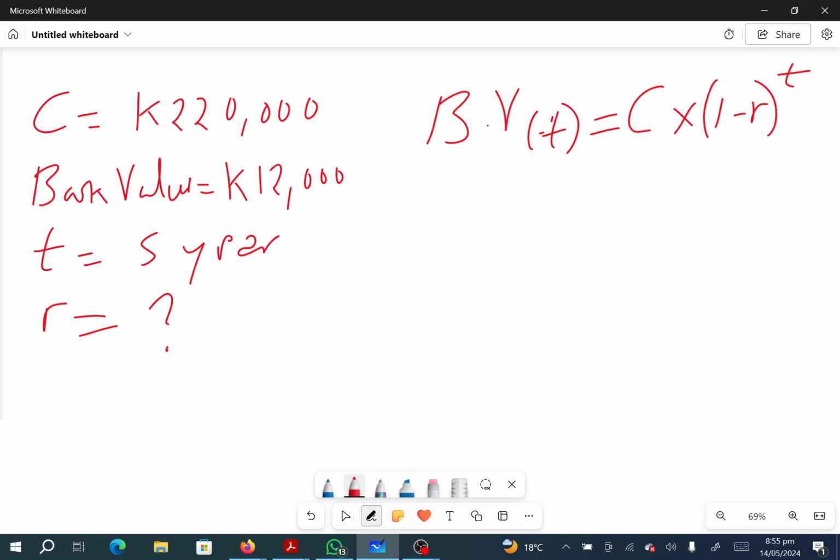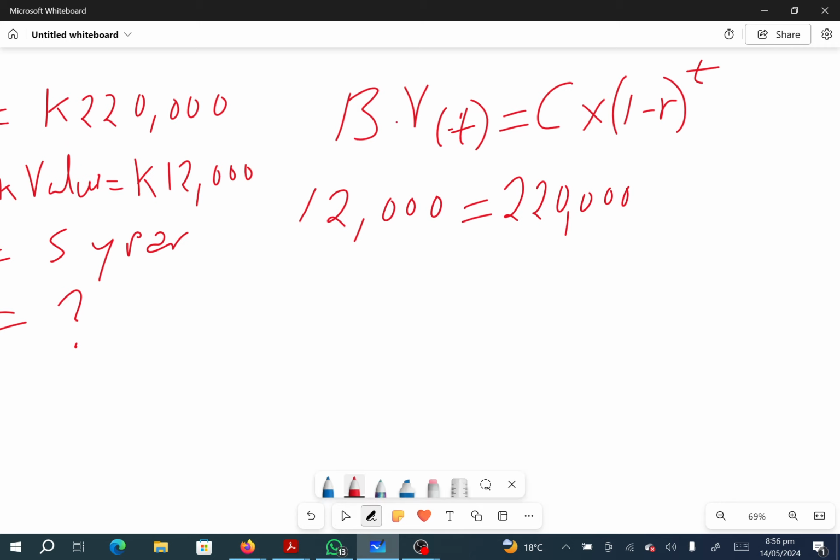So we can now replace our values. The book value is 12,000, equals our initial cost, which was 220,000, multiplied by 1 minus R, with our time being 5 years.